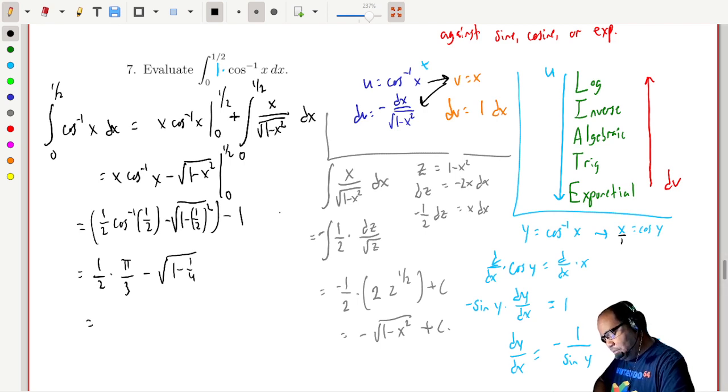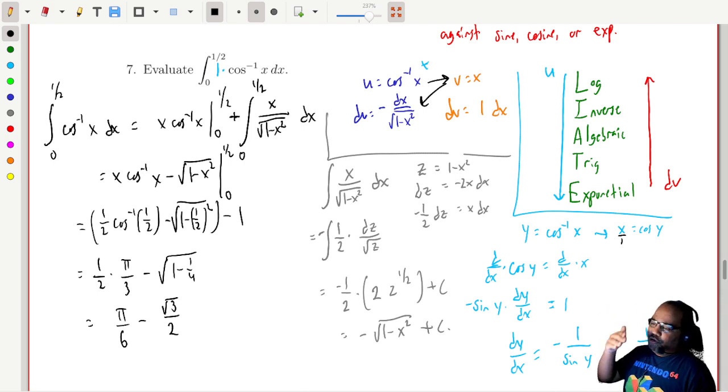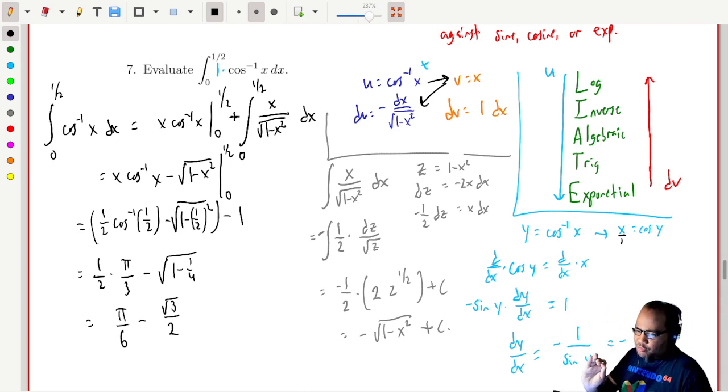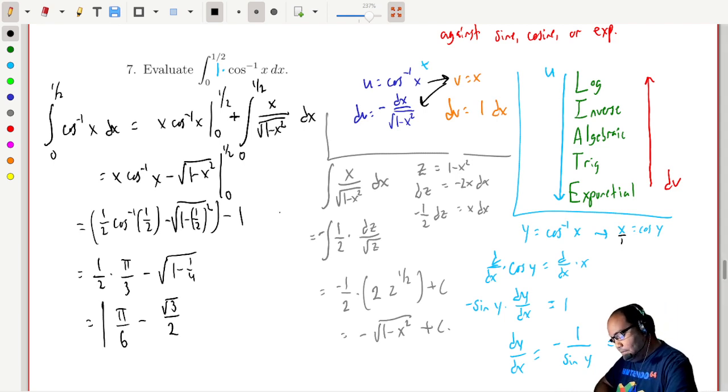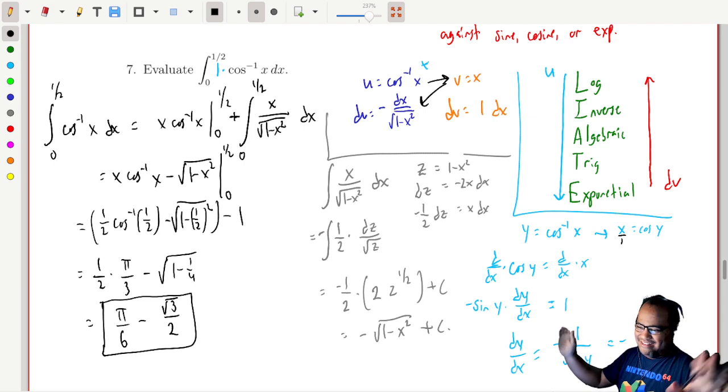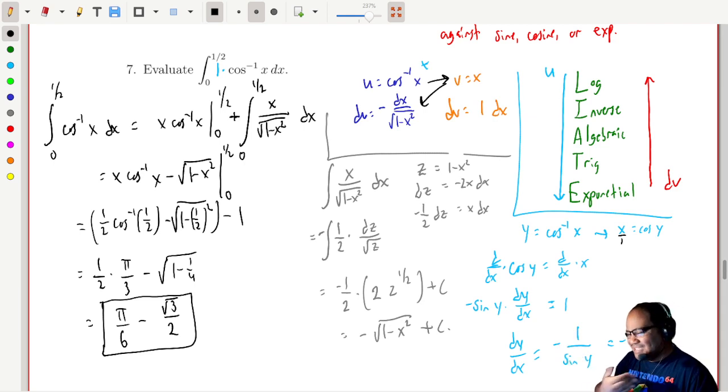We can keep cleaning that up a little. Pi over 6 minus, 1 minus a fourth is 3/4. And then square root of 3 over 4, that's square root of 3 over the square root of 4, simplifies to square root of 3 over 2.